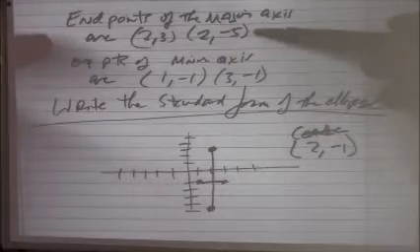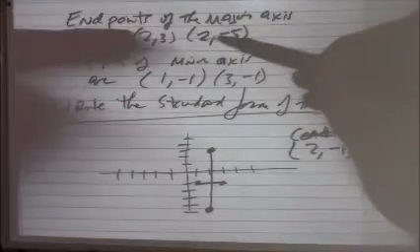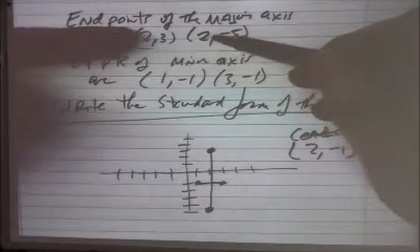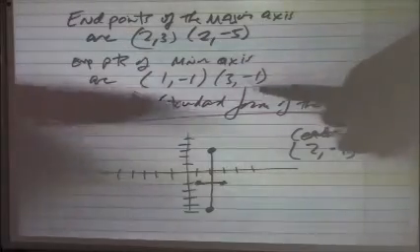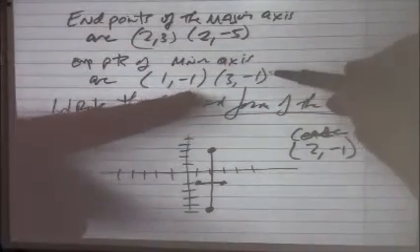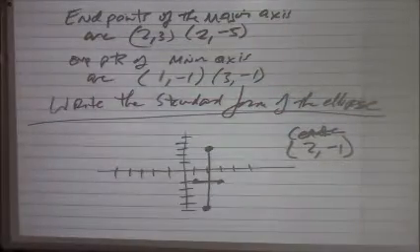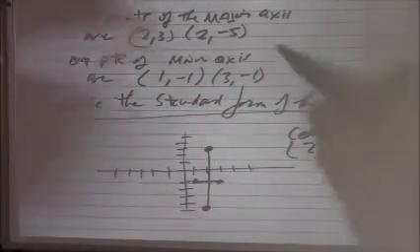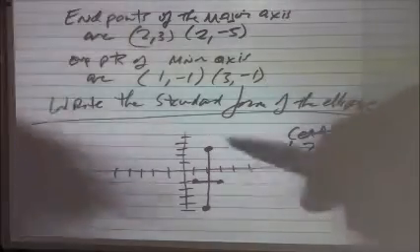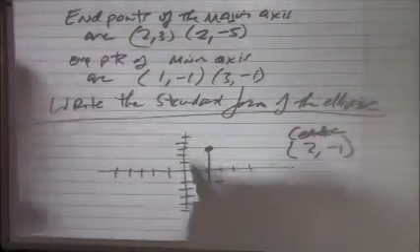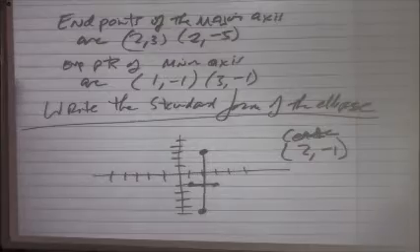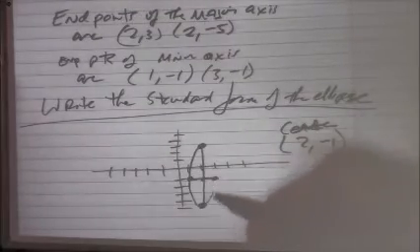I could have gotten that from here, because I noticed for the major axis, the h value is the same. And for the minor axis, the y value is the same. So the 2 repeated here and the -1 repeated here are your center points, or your center h and k. So you could have gotten it just from recognizing that, but by drawing it, I really confirm it, and I feel really confident now that that's the center of the ellipse, especially since I have enough information to draw it there.